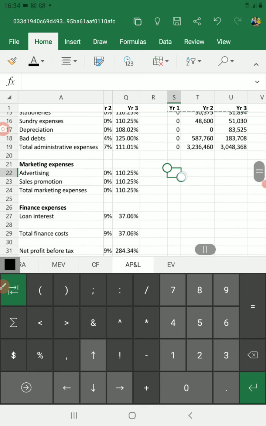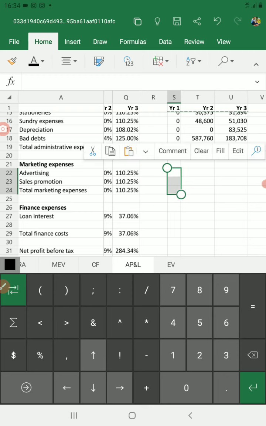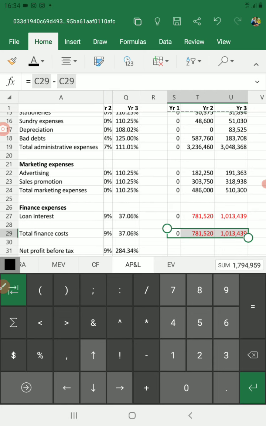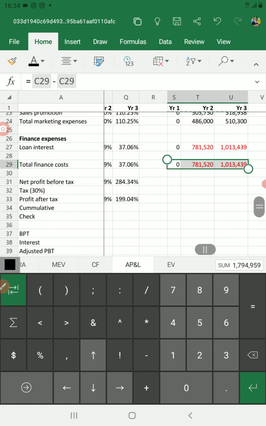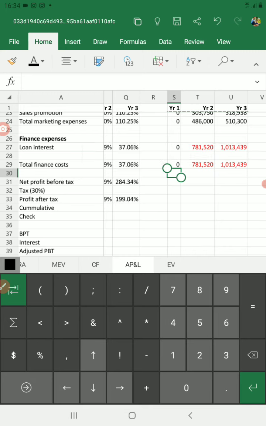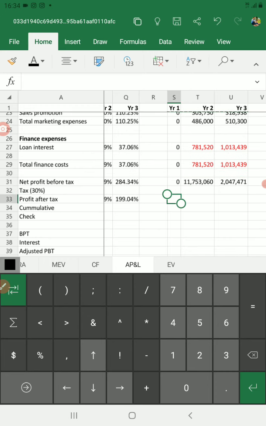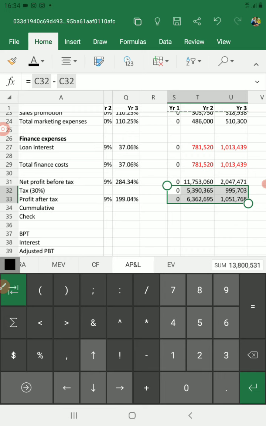Come here, select this and paste here, paste here, paste here, paste here, okay, up to here, paste.